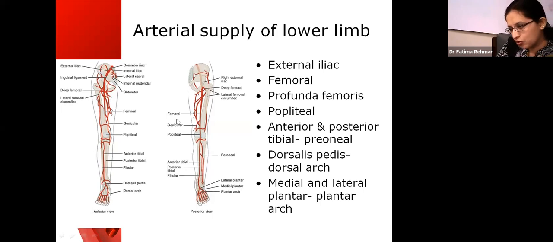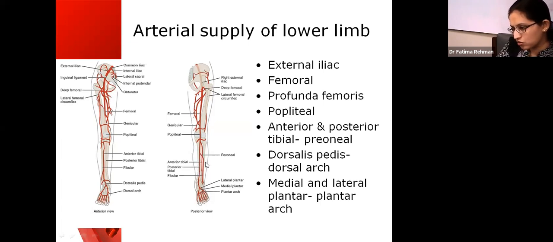And if we look at the posterior aspect of the leg and the posterior aspect of the lower extremity, we would be able to appreciate again the femoral artery, the genicular branch of the femoral artery, and then the popliteal artery. Popliteal artery, if you trace it downward, you would be able to appreciate its terminal divisions, the anterior tibial and the posterior tibial.